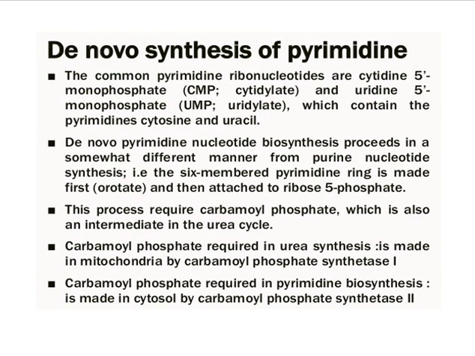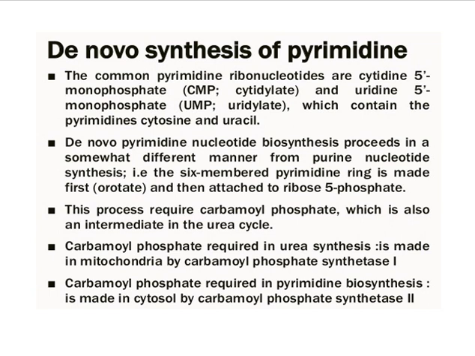In case of pyrimidine nucleotides, the 6-membered pyrimidine ring is made first, and then it is attached to the ribose 5-phosphate, while in case of purine nucleotides, the ribose 5-phosphate is the starting material on which the purine ring is constructed.